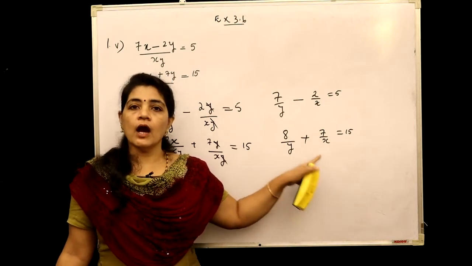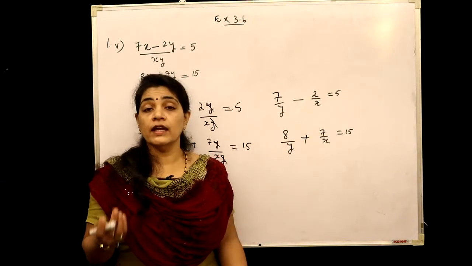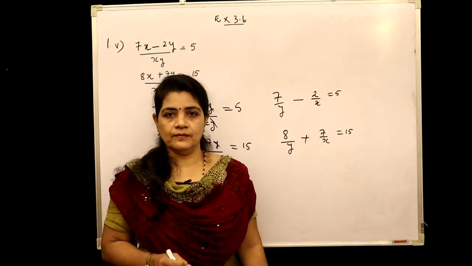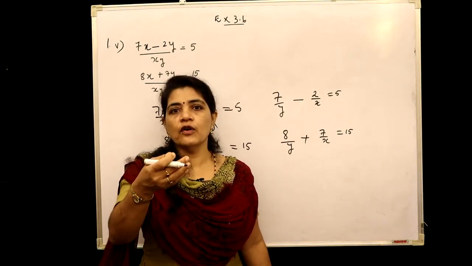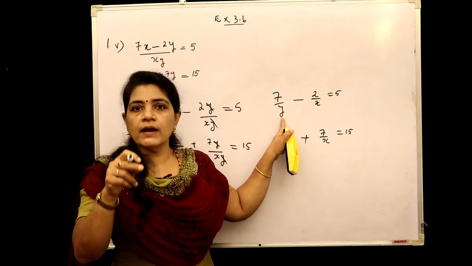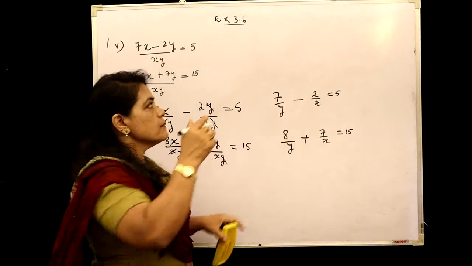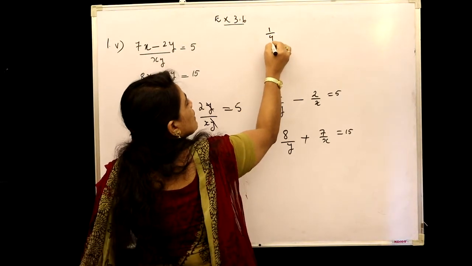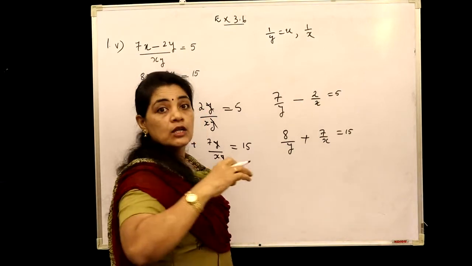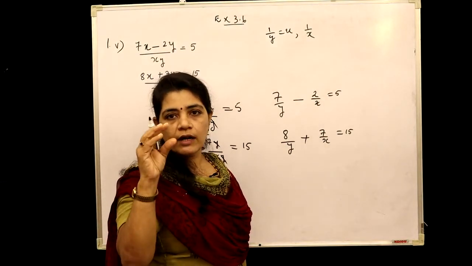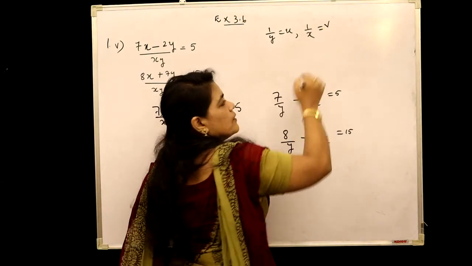But after cancelling also, the variables are there in the denominator, and from there we can substitute for 1 by y. 7 by y is 7 into 1 by y. So I am giving the substitution for 1 by y as u, and 1 by x: here 2 by x is 2 into 1 by x, so in place of 1 by x you can substitute v.